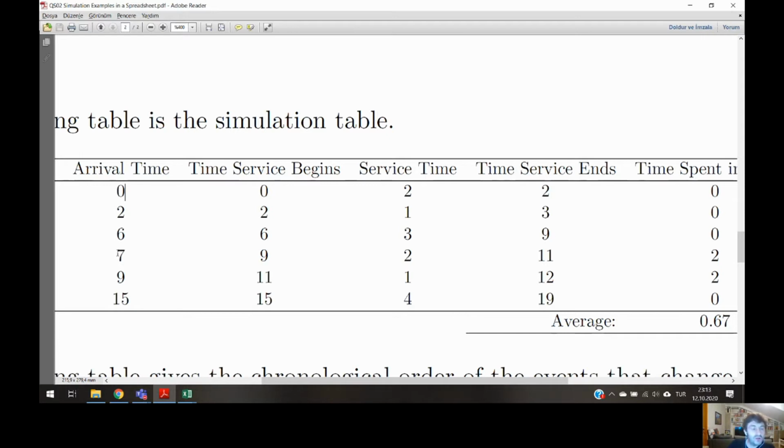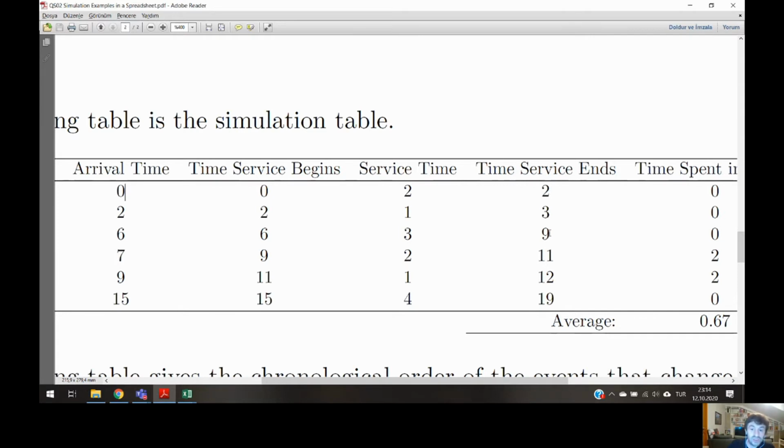Now we have calculated the arrival time of the fourth customer as the end of the 7th minute. Can we start the service of this fourth customer as he or she arrives? Unfortunately, no, because according to the FIFO rule, the service of the previous customer must be complete in order to start the service of the next customer.